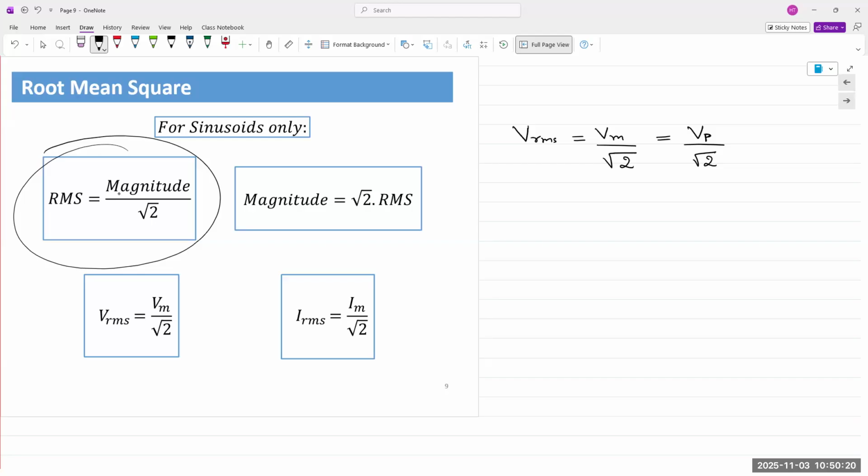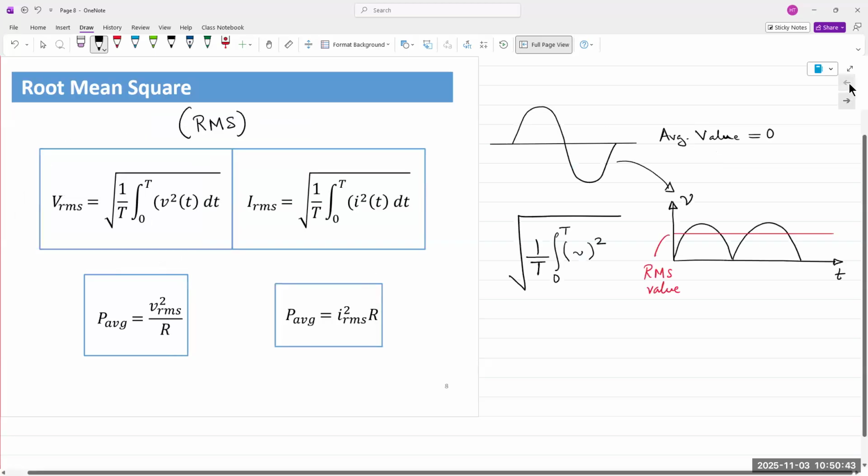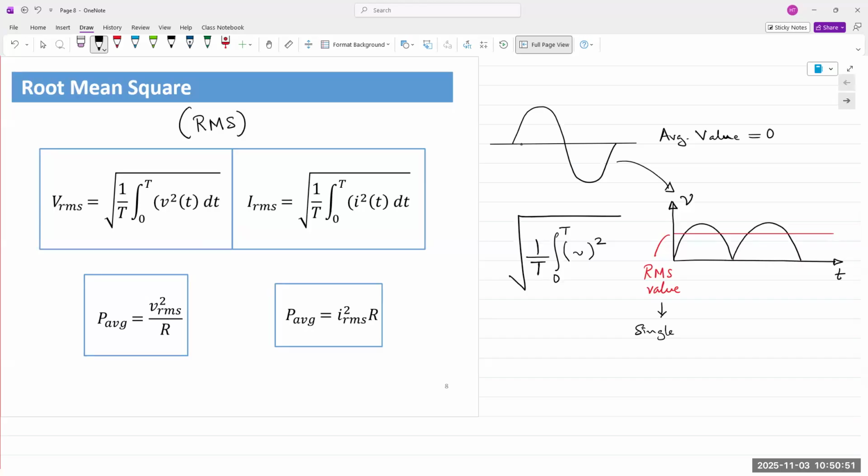At this point, I would ask students, our power outlets are AC, right? What is the value of the voltage of our power outlets? 120. Is that peak or RMS? One clue I can give is this: RMS is one single number.